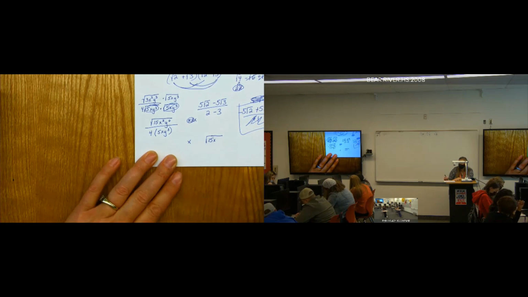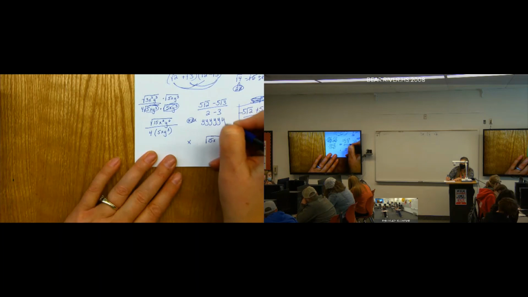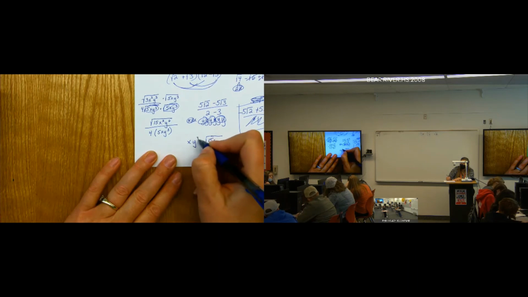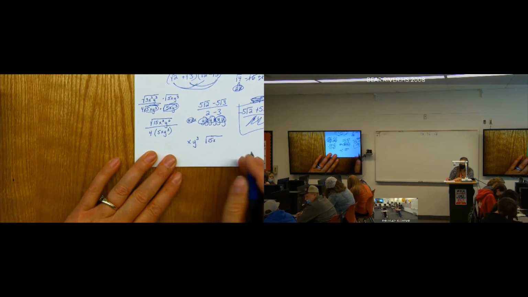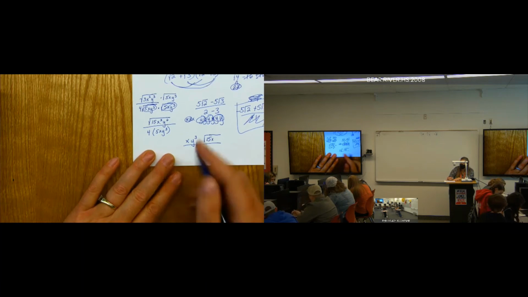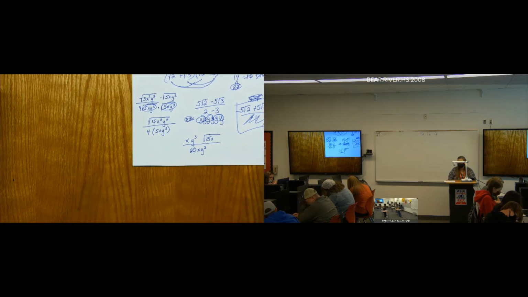Good? What about the y's? 1, 2, 3, 4, 5, 6. I got groups of 2. 1, 2, 3. How many will come out? How many are left in? None. All over. On the bottom, I have 4 times 5, which is 20 x, y cubed, right?